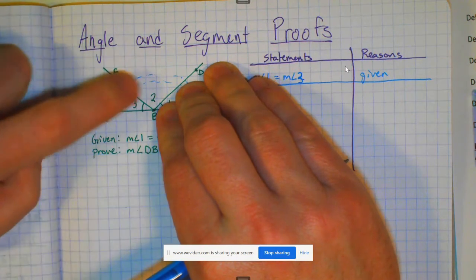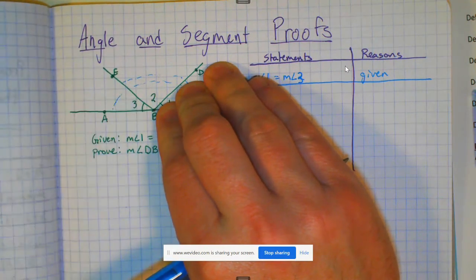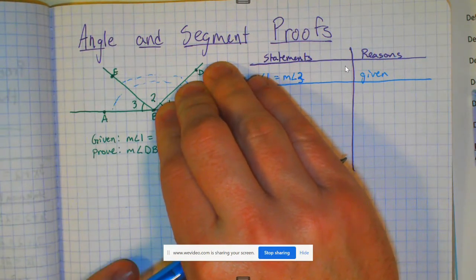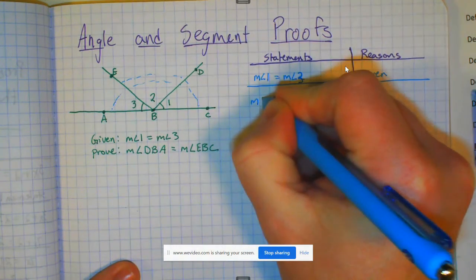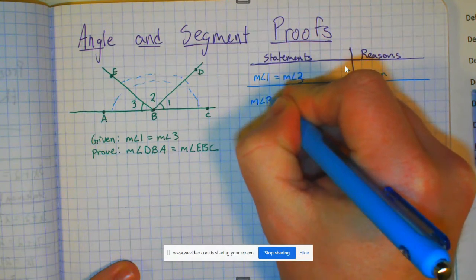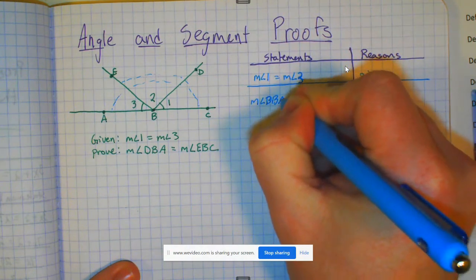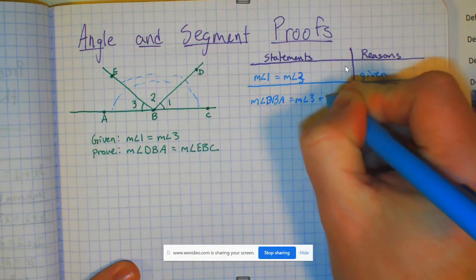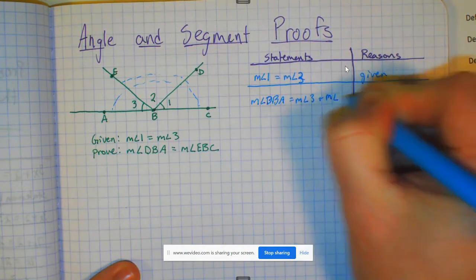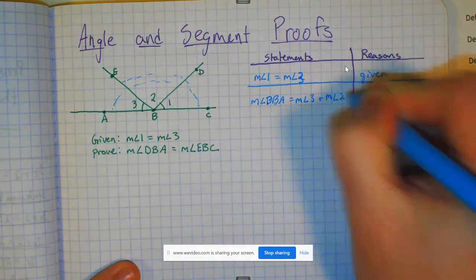If I add angle 2 and 3 together, I get that whole angle. So the measure of angle DBA equals the measure of angle 3 plus the measure of angle 2.